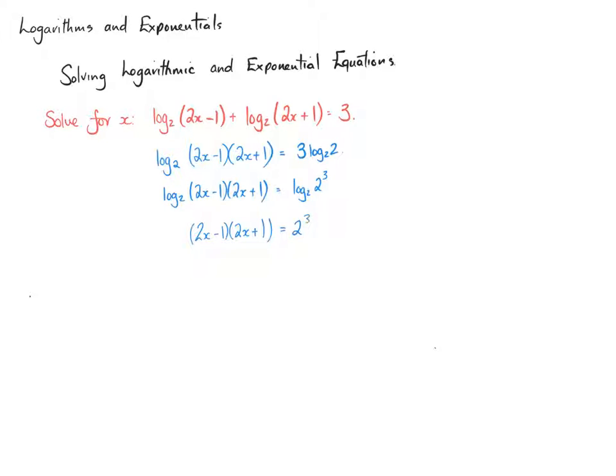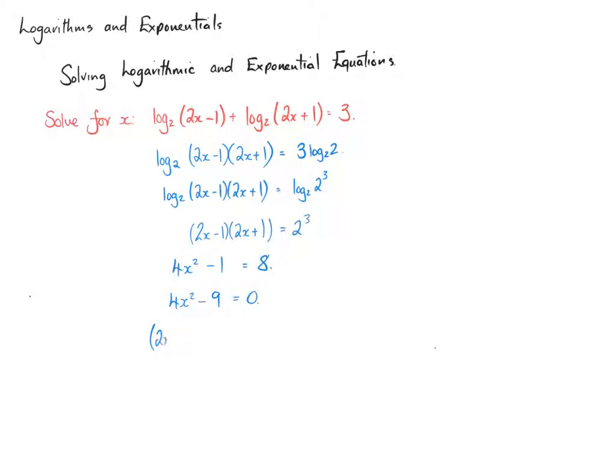Okay, so we multiply out, so we're going to get 4x squared minus 2x plus 2x, they cancel out, minus 1, difference of 2 squares. And then it's going to be equal to 2 cubed, which is 2 times 2, which is 4, times 2, which is 8. So when we sort this out equal to 0, we're going to get 4x squared minus 9. It's very nice, equals 0, they're giving us another difference of 2 squares, which is quite good.